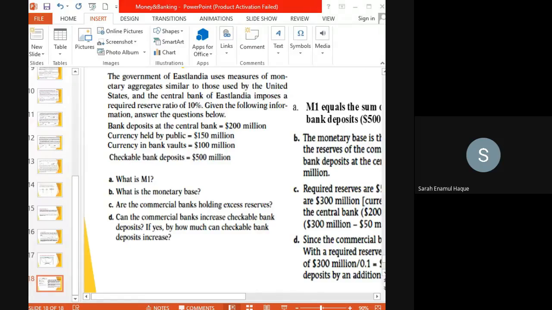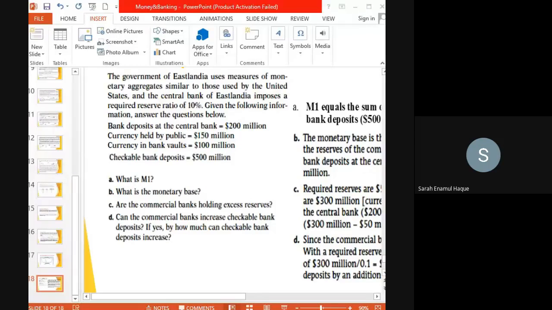Checkable bank deposits are 500 million. And given CRR is equal to 10%. So far we know this, and we don't need currency held by the public. We don't need this amount right now.